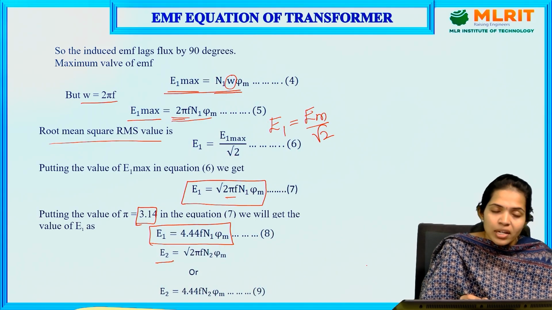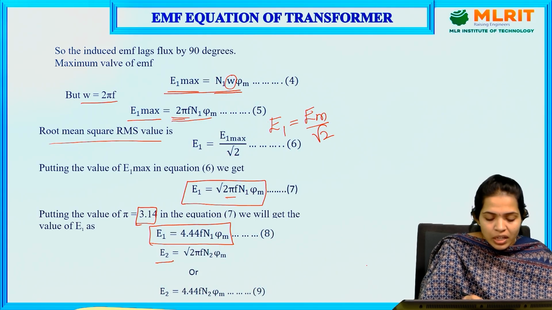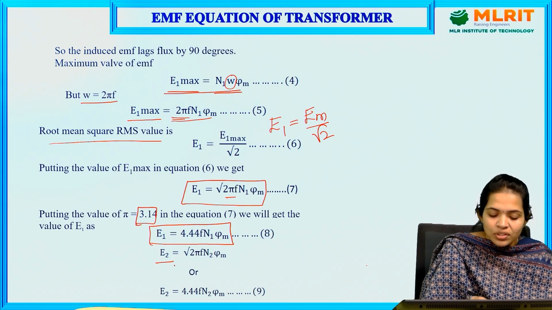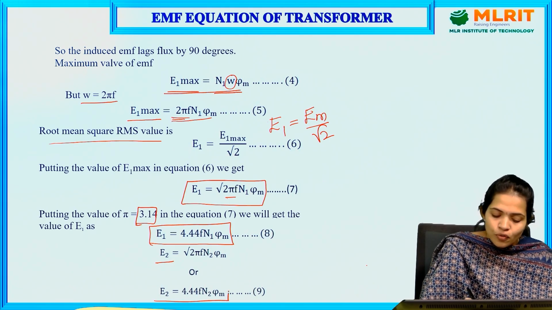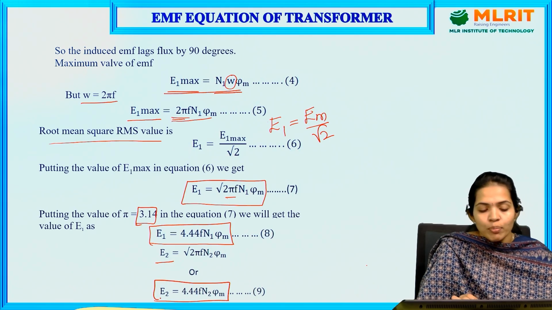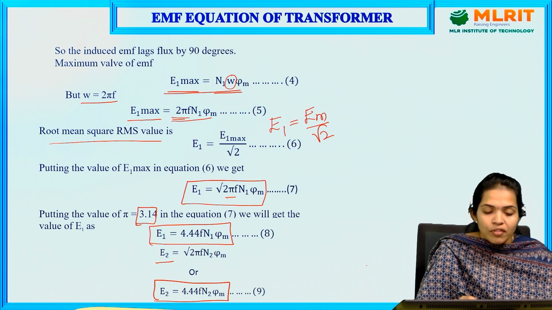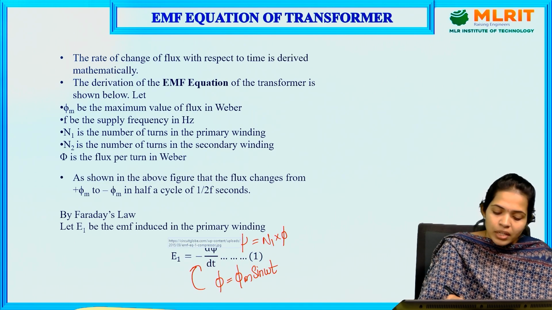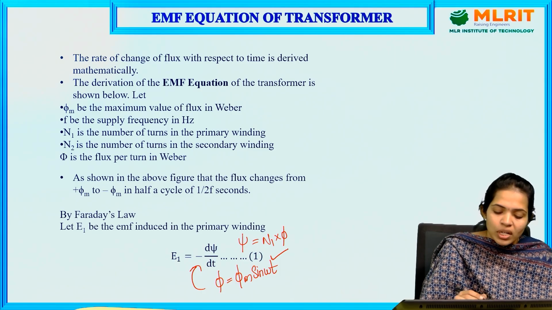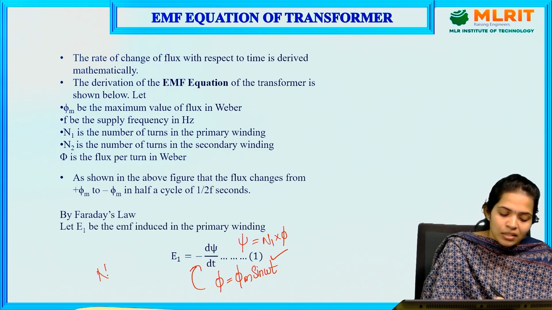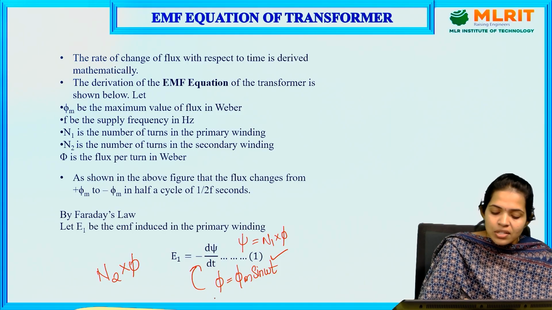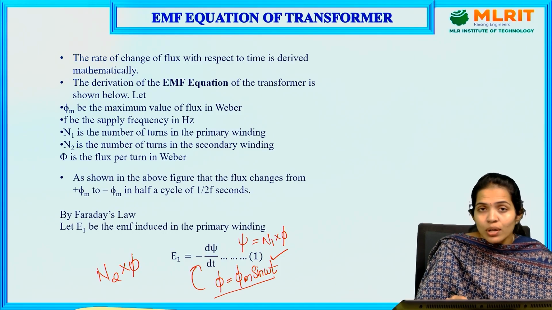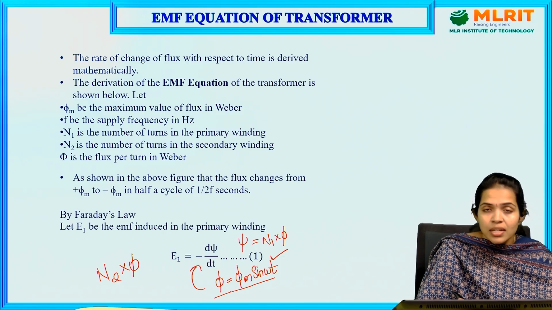Similarly, we get the relation for the induced EMF in the secondary winding of the transformer. Upon solving all the above steps for the flux linkages in the secondary winding, as shown in equation 1, if we substitute it for the secondary winding, we get psi as N2 into phi, and the instantaneous value of flux remains the same, that is phi equals phi m sine omega t.